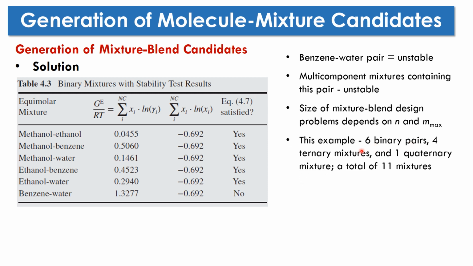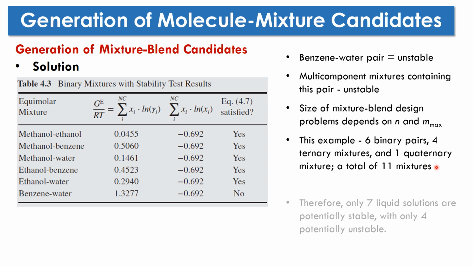For four molecules, we are able to form 6 different binary pairs. We can form 4 different ternary mixtures, and since there are only 4 components, we can form 1 quaternary mixture. So for a total of 4 different molecules, there are 11 different possible mixtures.